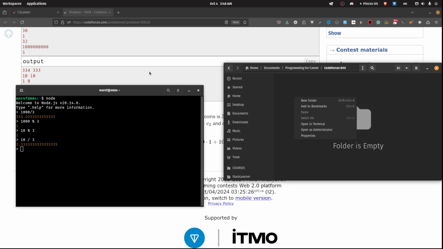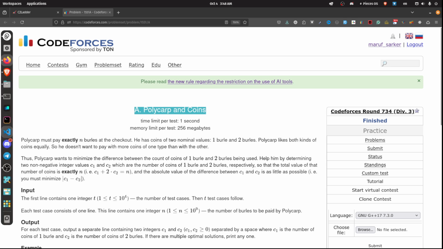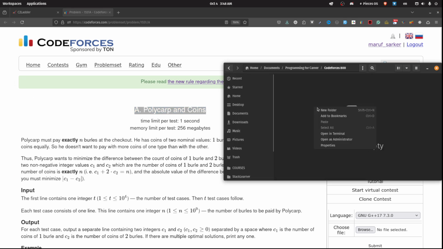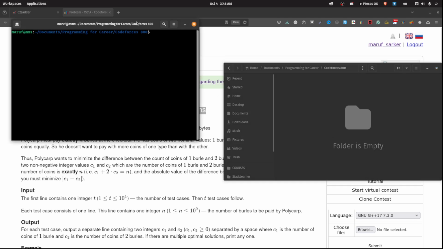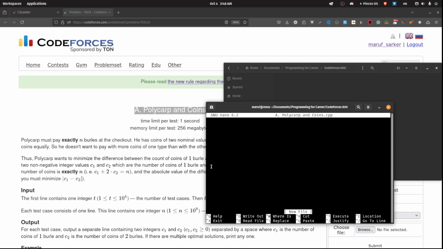What's the question name? So this is the question name, so open it with nano.